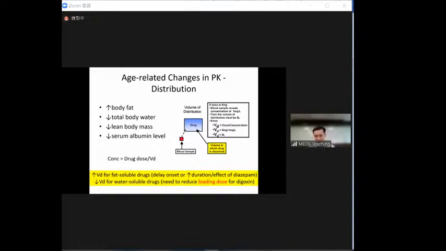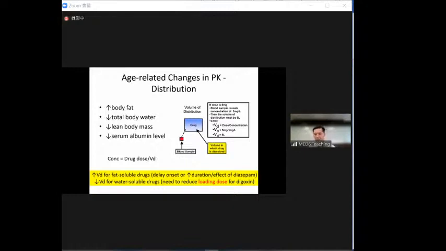If it is comparable to the systemic circulation, that is the blood volume, maybe about 6 or 7 liters, we would think that the drug is mainly confined to the blood or water compartment. But if the volume is really big, maybe more than 50 liters, we would think that the drug is probably dissolving into the body fat.